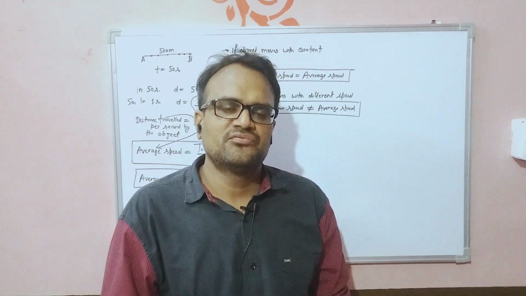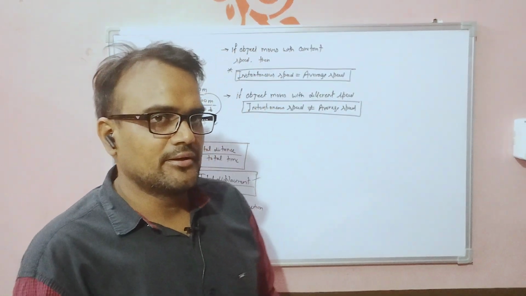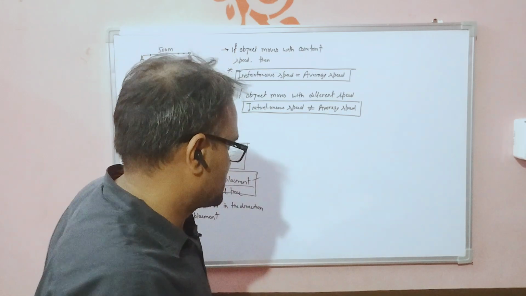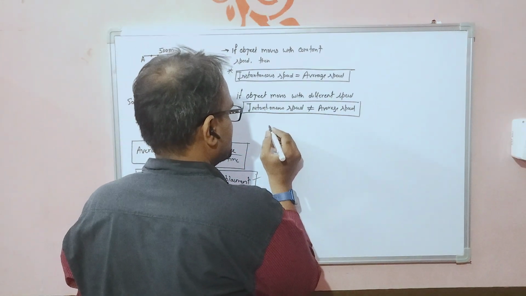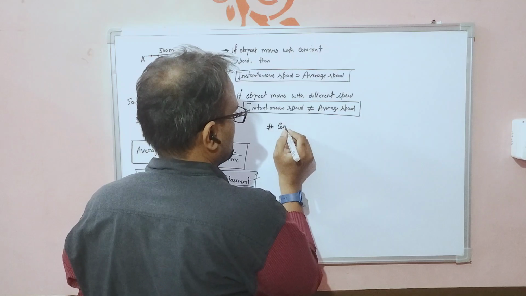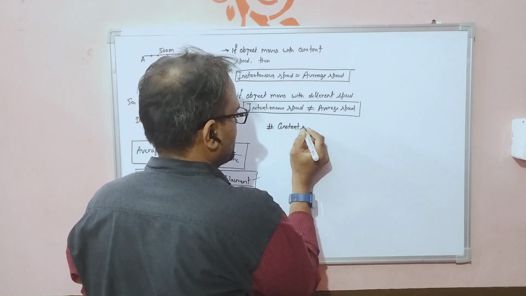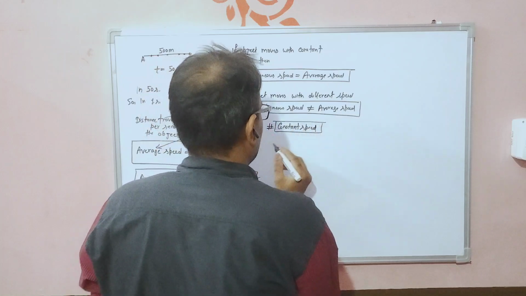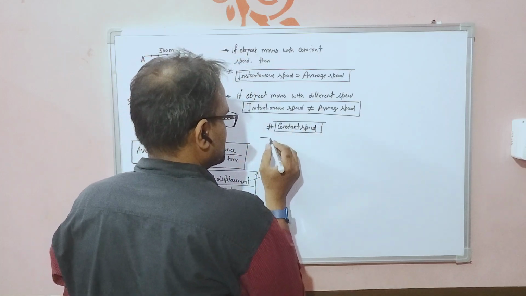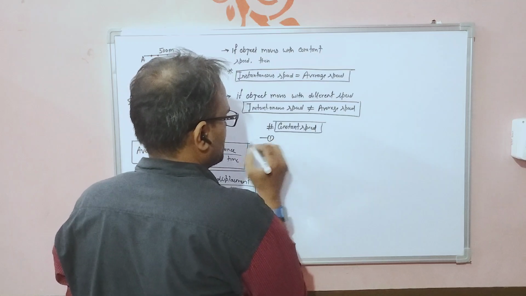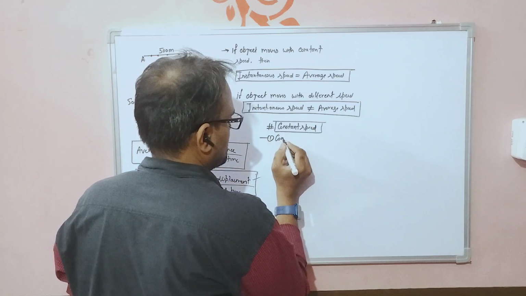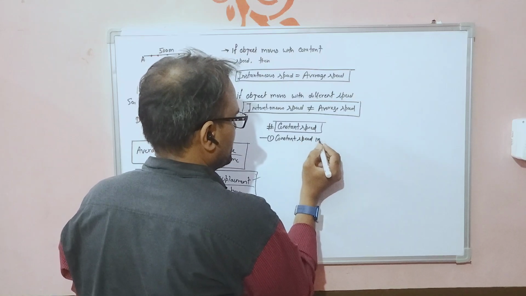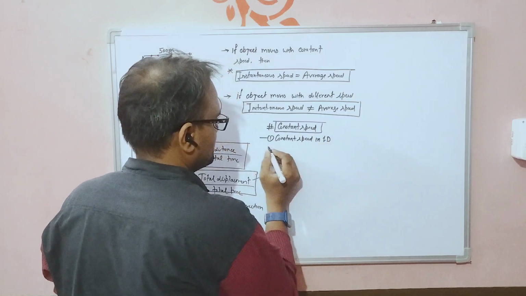So let's take the first case of constant speed, and in constant speed we have three sub cases. So let's discuss one by one. So here the first case is constant speed, and here we have three sub cases. The first one is constant speed in one dimension.